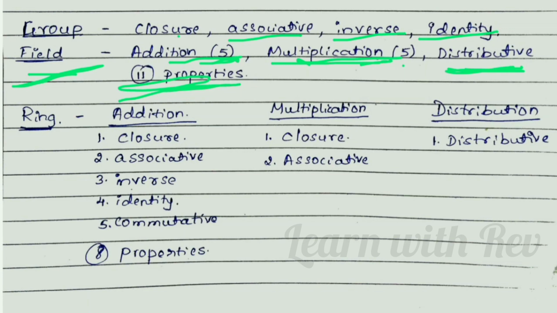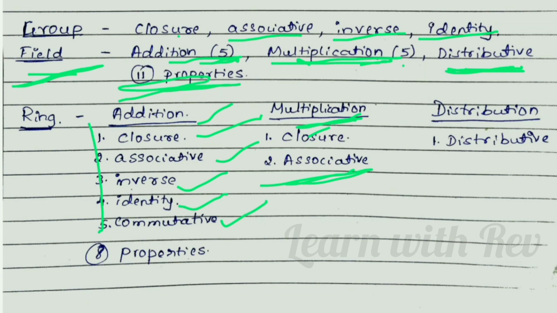So here under addition we have 5 properties, that are closure, associative, inverse, identity and commutative, same as in field. But under multiplication we have only 2 properties, that are closure and associative. So this is the difference between field and ring, you can see. Next is distribution.